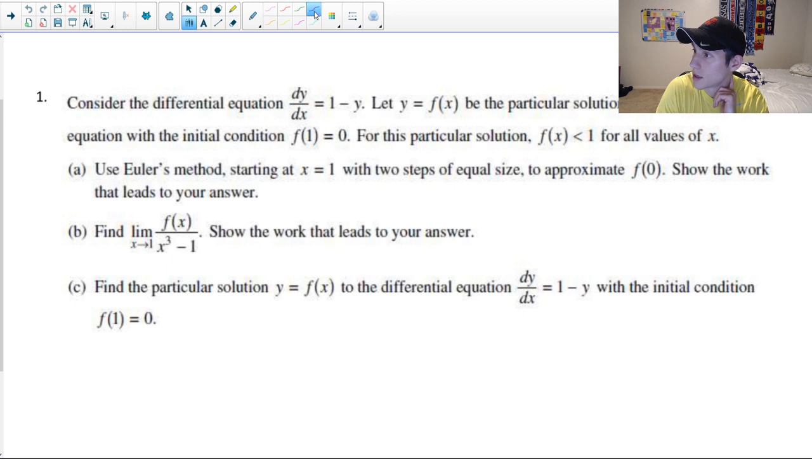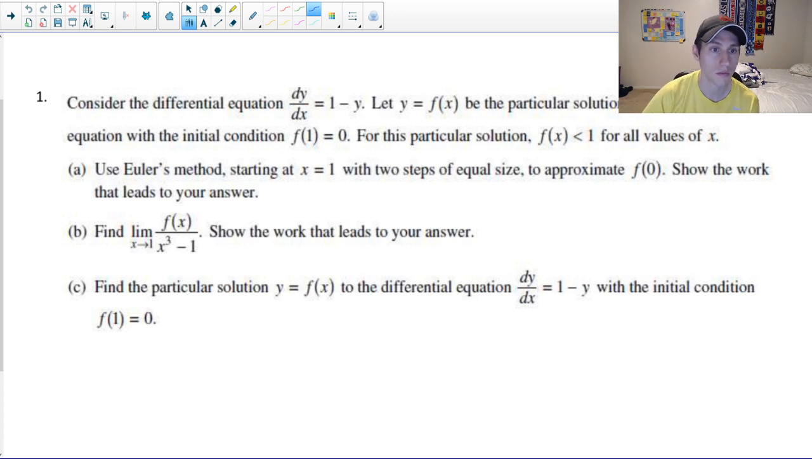Okay, number 1. Consider the differential equation dy/dx equals 1 minus y. Let y equal f of x be the particular solution to this differential equation with the initial condition f of 1 equals 0. For this particular solution, f of x is less than 1 for all values of x.